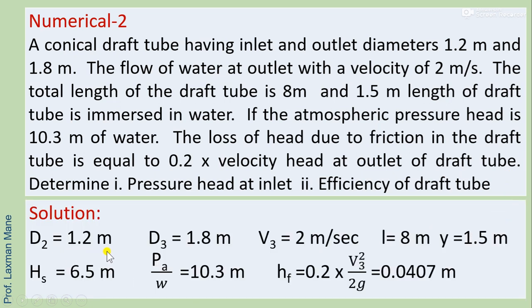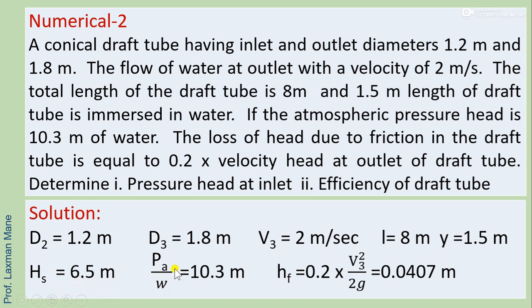So we can have here listing of the parameters: diameters D2, D3, velocity V3, L, that is length of draft tube. This is below water portion of draft tube. This is static suction head.